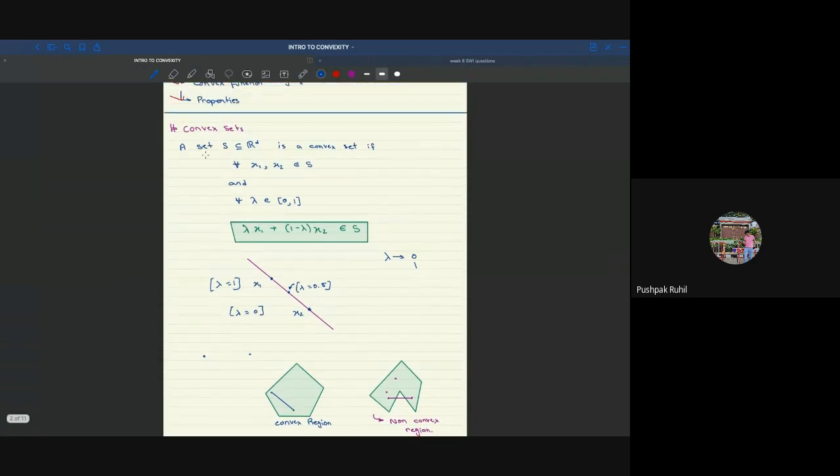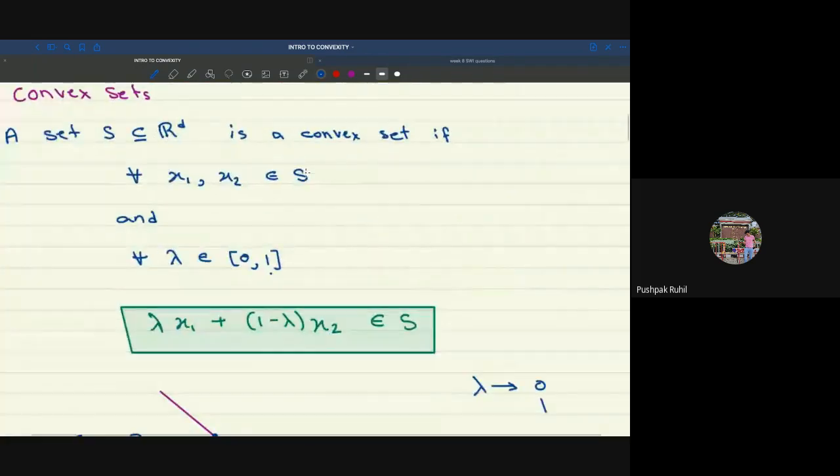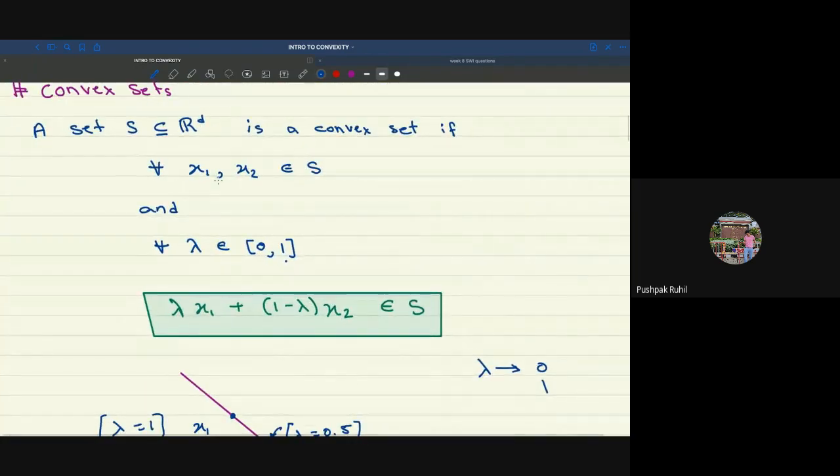Basically, if you have a set S which is a subset of RD, then your lambda would be between 0 and 1. But if it is equal to RD, as in your question where it was equal to R2, then your lambda can take any value and any other point would also be in R2. So that's why in that activity question, your range was not restricted to 0 and 1.